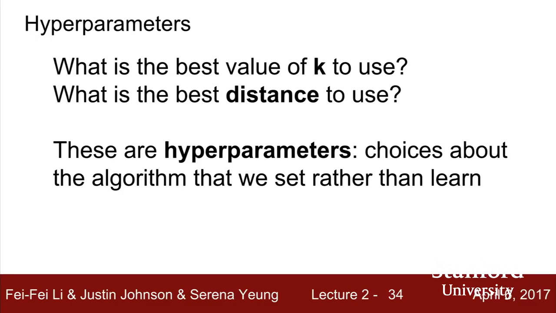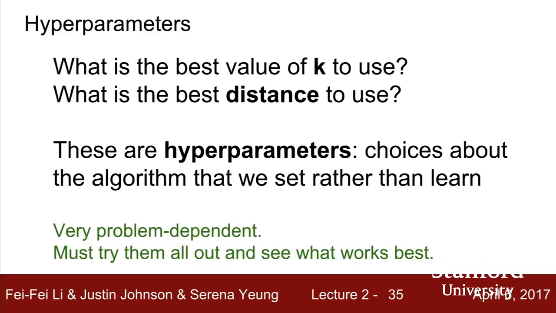Instead, these are choices about your algorithm that you make ahead of time, and there's no way to learn them directly from the data. So the question is, how do you set these things in practice? And they turn out to be very problem dependent. And the simple thing that most people do is simply try different values of hyperparameters for your data and for your problem and figure out which one works best.